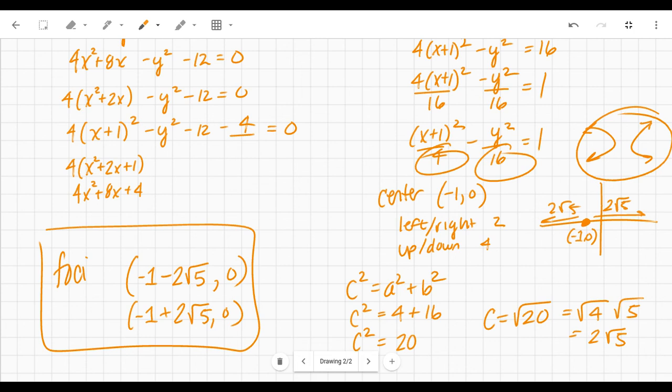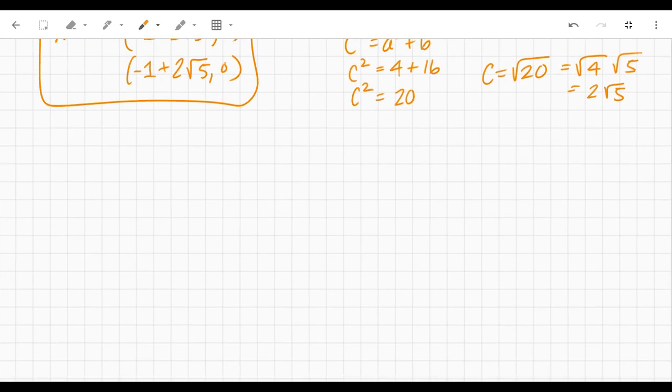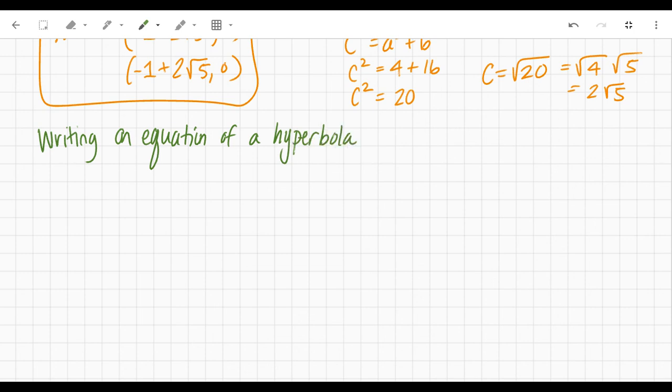All right, next one. We have writing an equation of a hyperbola given the foci and vertices.